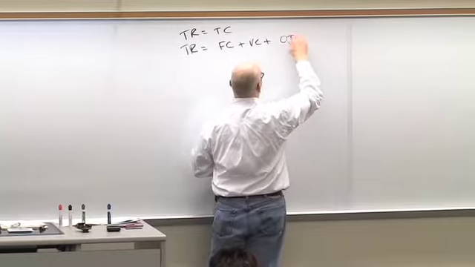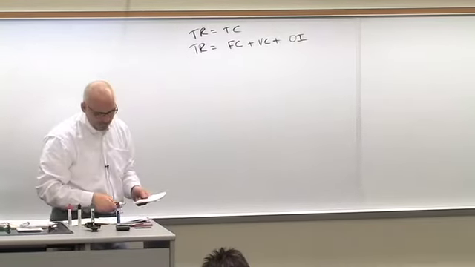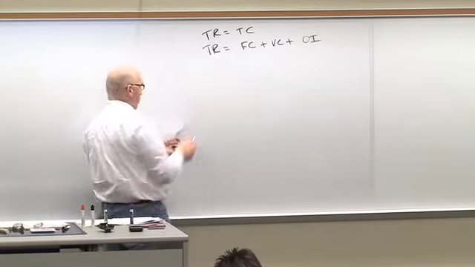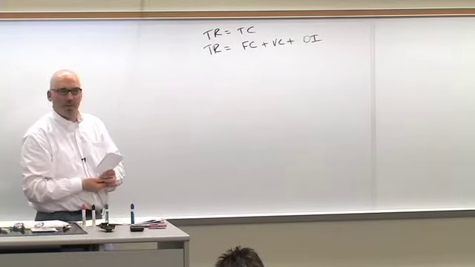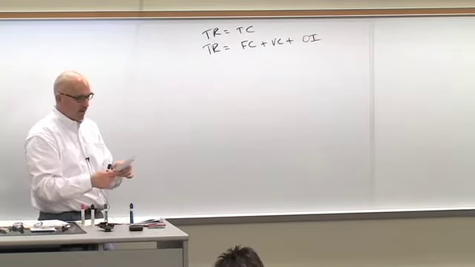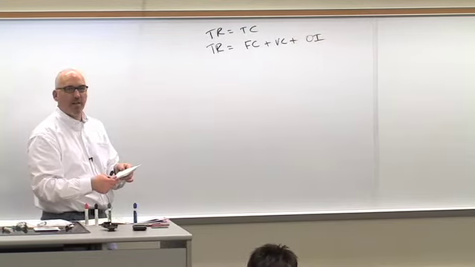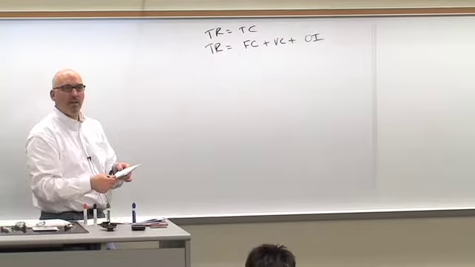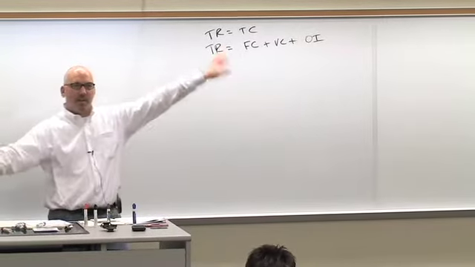Total revenue equals fixed cost plus variable cost plus operating income. And then I'm just going to expand this out because total revenue, teeter-totter, total revenue is calculated how, Erica? How do you calculate it? From the teeter-totter. Remember the teeter-totter.